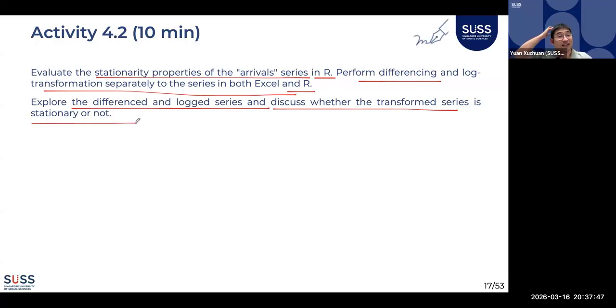So basically you need to perform difference and perform log transformation, and then you check the stationarity of the new series. Okay, I give you 2 minutes to have a try. It's quite straightforward, right?